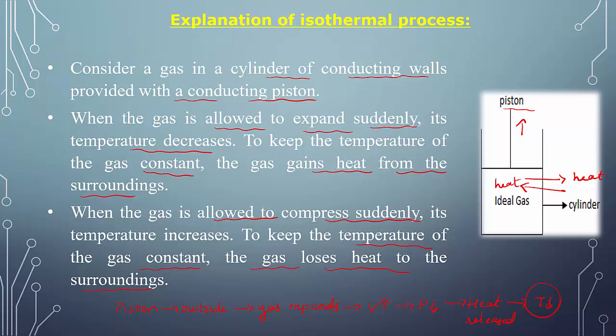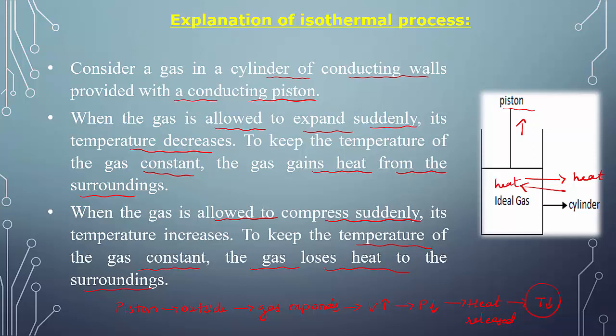Remember, this isothermal process consists of a cylinder. The cylinder contains a gas, and this cylinder is enclosed by the piston. Piston and cylinder both are made of conducting material, so that exchange of heat takes place.